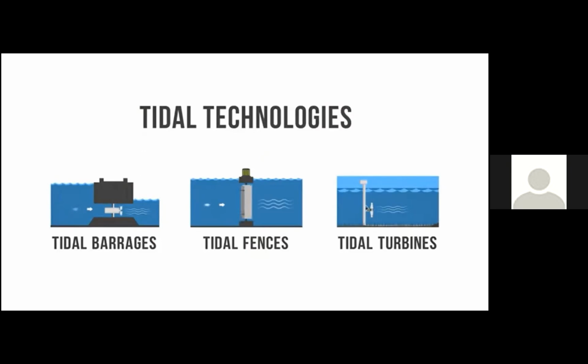And the other two, the tidal fences and the tidal turbines, are the ones where the electricity is generated with the mechanical energy of the tidal currents that turns the turbines that are connected to a generator, and this generator produces the electricity.